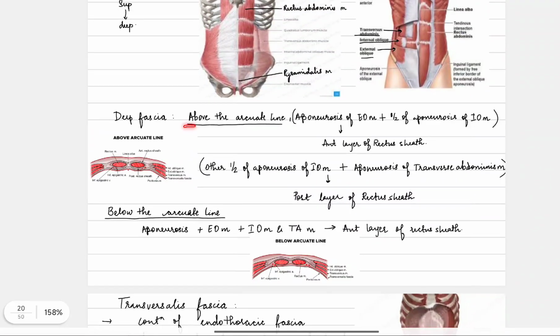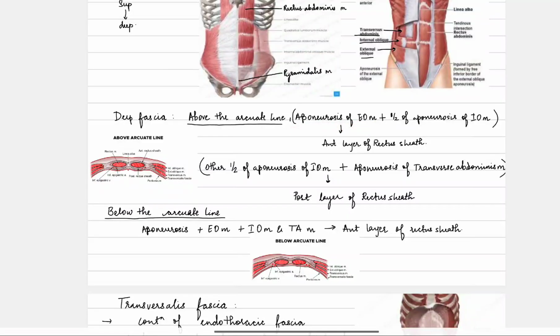Above the arcuate line, this deep fascia is divided. There is an arcuate line. If we see above the arcuate line and below the arcuate line, here it is above the arcuate line and here it is below the arcuate line. If we take a cross section, what do we see?